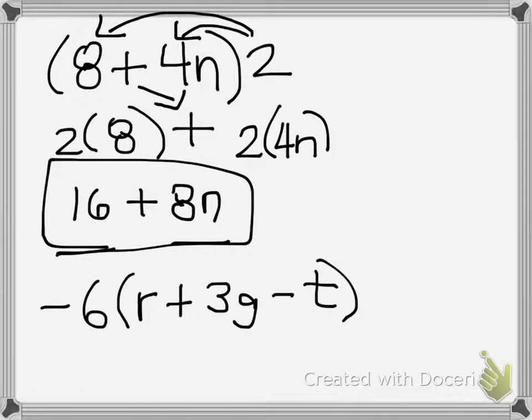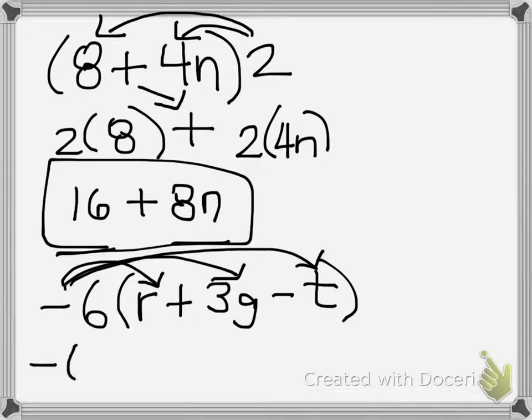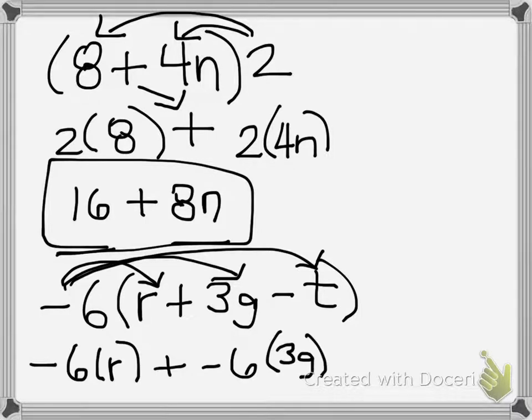So for the next one, we're going to be distributing the -6 to each part of the parentheses by multiplying. So -6 times r, plus -6 times 3g, plus or minus -6 times t.